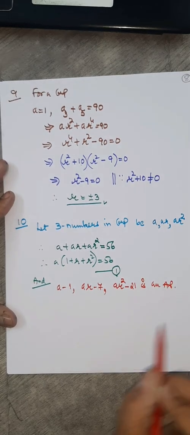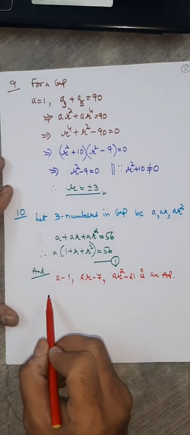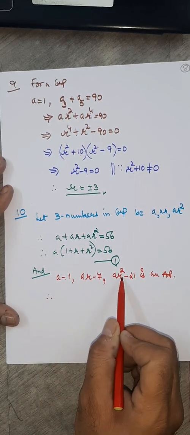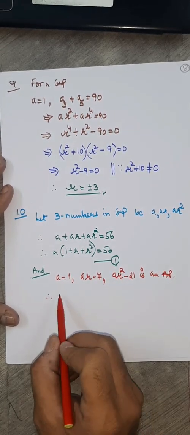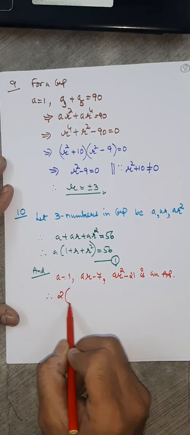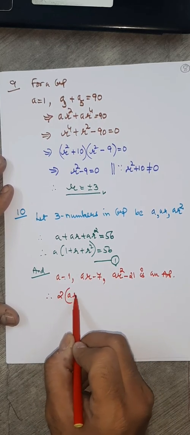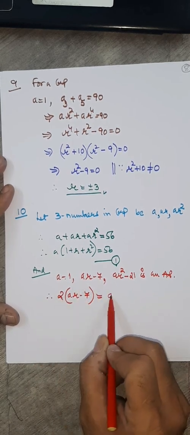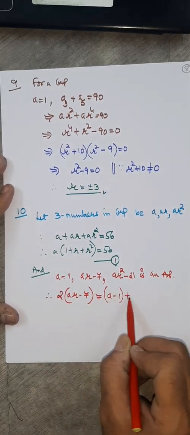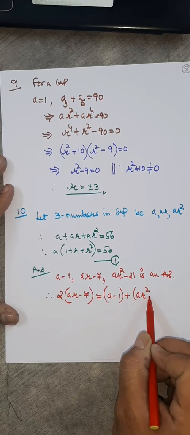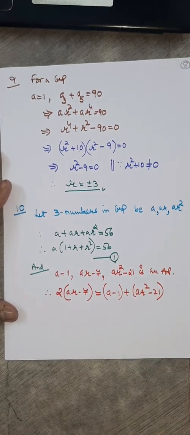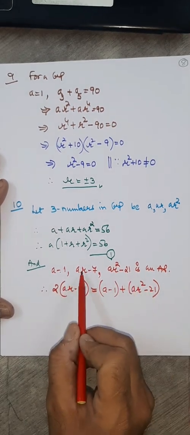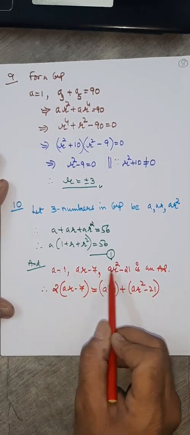This is an arithmetic progression. So the difference will be same. This minus this equals this minus this. So if we use that, we'll get 2 times (ar minus 7) equals (a minus 1) plus (ar square minus 21). Which condition have I used? They are in AP.